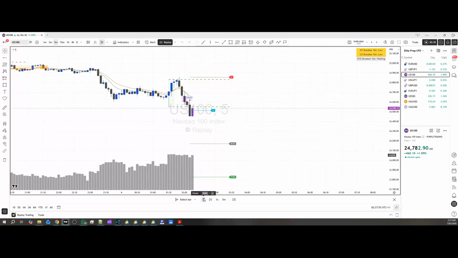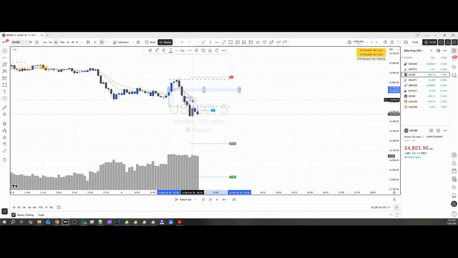I wait and target the previous inverse fair value gap, within the range or a bit outside the range, doesn't matter. So I look into this one, I will enter over here. This is what I target whenever the signal comes without the fair value gap.